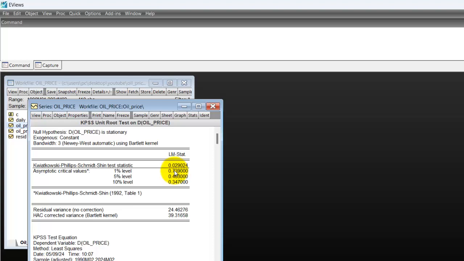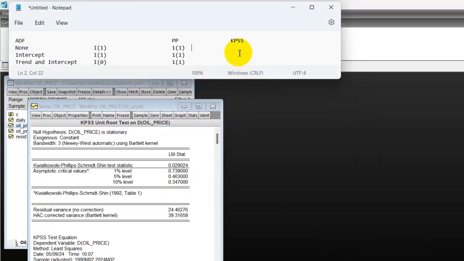We cannot reject the null hypothesis in this situation because the test statistic for KPSS is less than the three critical values. You can see 0.029 is less than 0.739. It's less than 0.463. It's also less than 0.347. So we can now go back to our notes and put it down that for none, it is nothing.